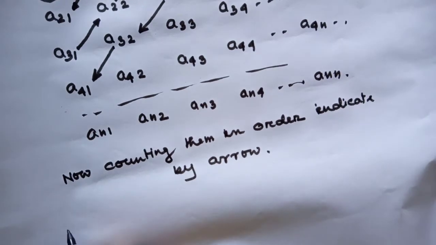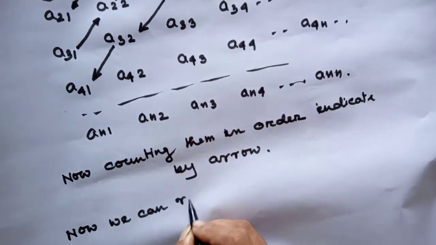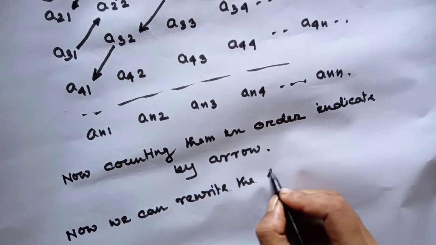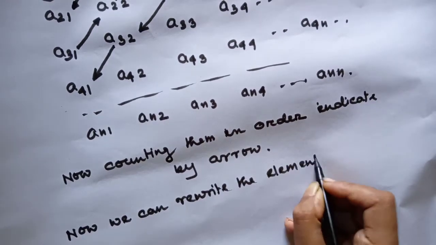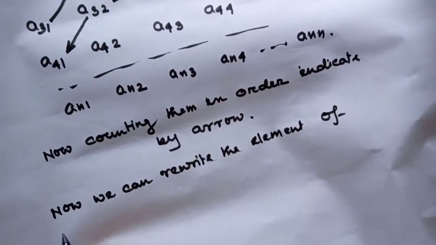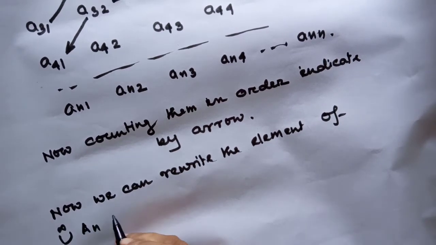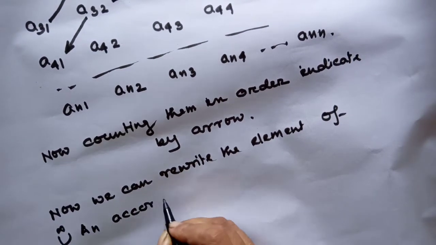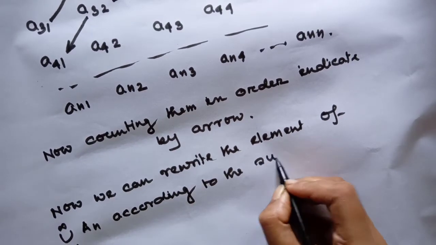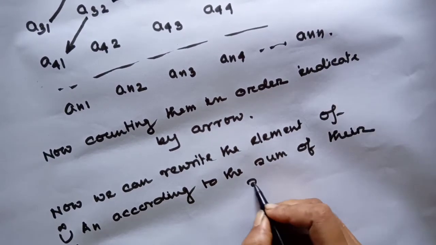Now we can rewrite the elements of the union over n equal to 1 to infinity of An according to the sum of their subscripts.